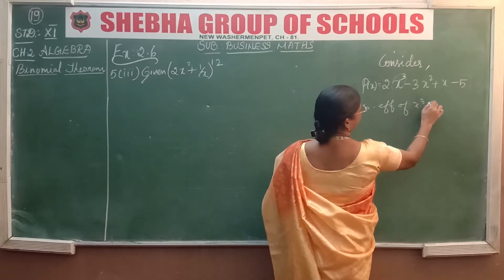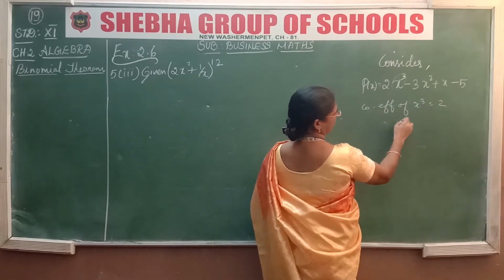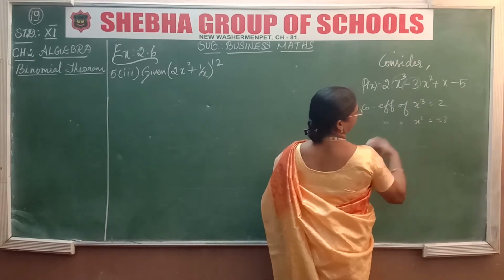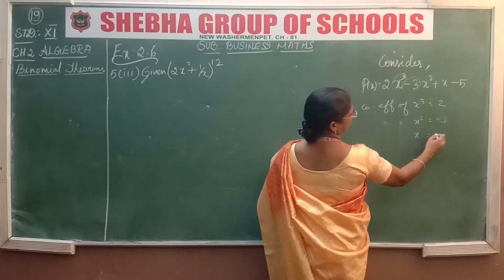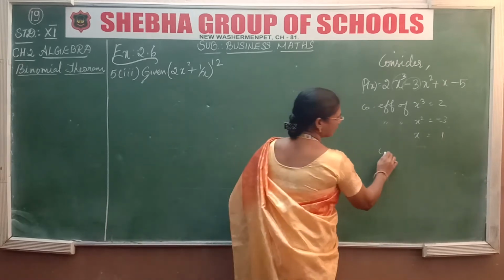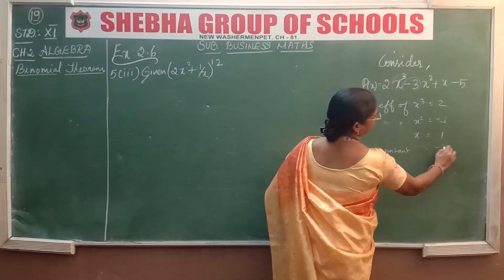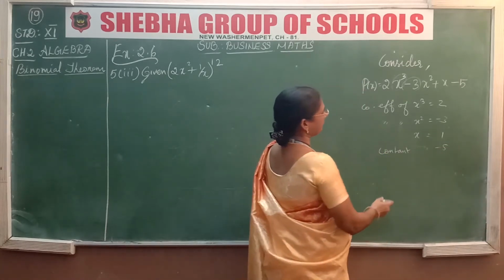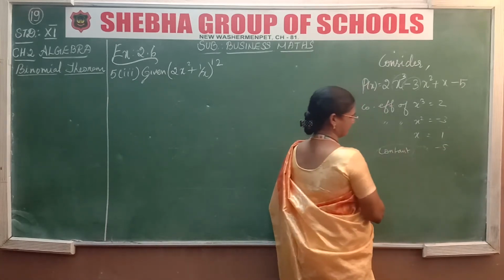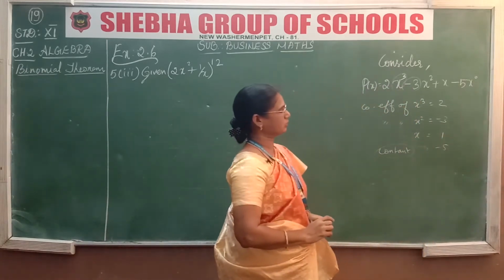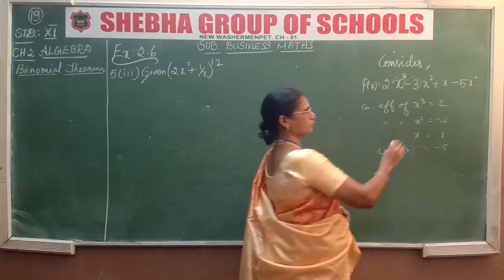x cube is 2, the coefficient of x square is minus 3, the coefficient of x is 1, and the constant term is minus 5. So we may say the constant term as x power 0, the coefficient of x power 0, since x power 0 is 1, isn't it?